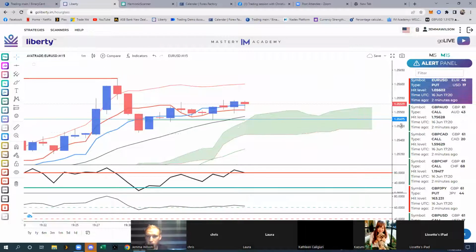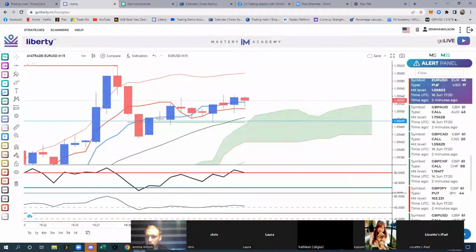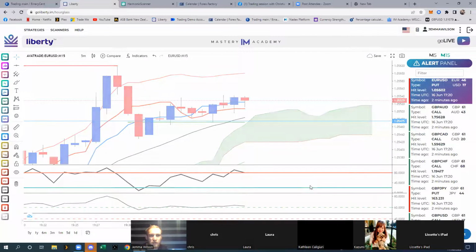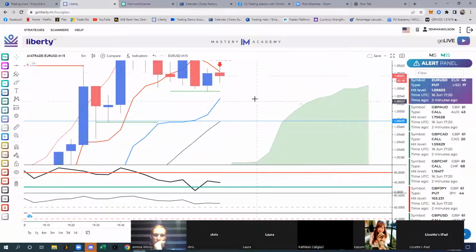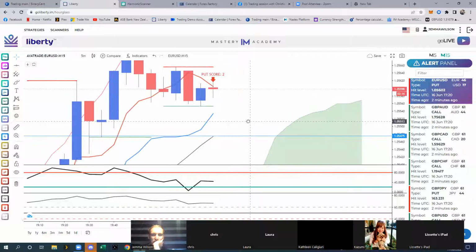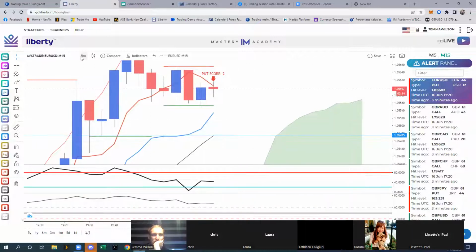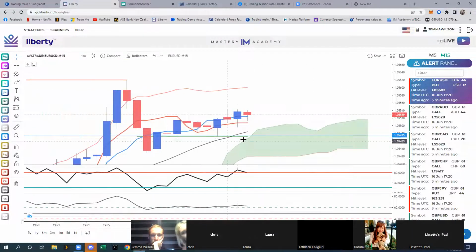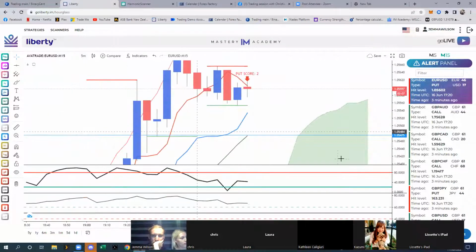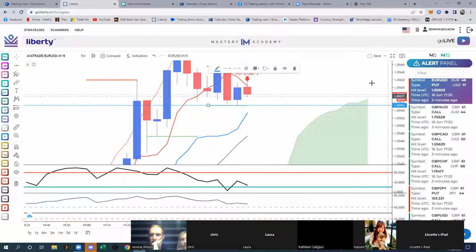It's moving very slow, but Euro USD, how many minutes do we have left on this candle? So right now I'm not looking for a channel. I'm just trying to find a good support. Strange. All right, Euro USD.